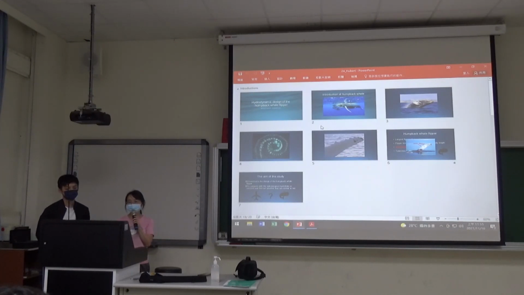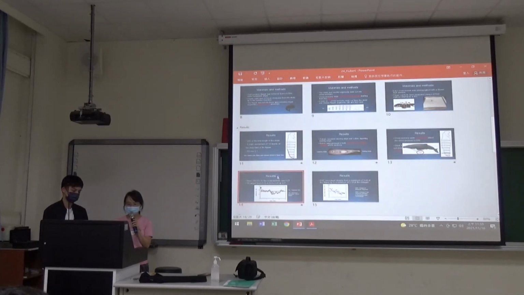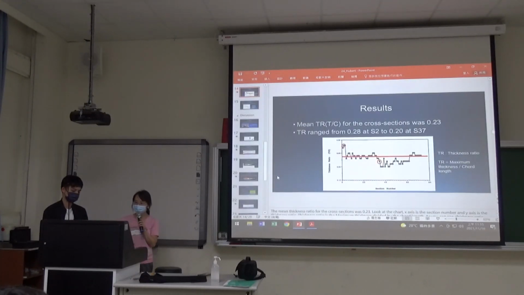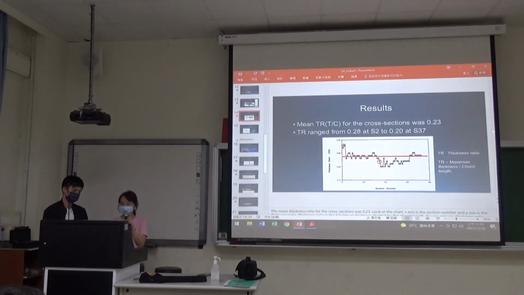For example, in your results and discussion, you have a lot of terms. That's fine. For example, when you talk about thickness ratio, here you just describe it. TR means thickness ratio, and thickness ratio means this equation.